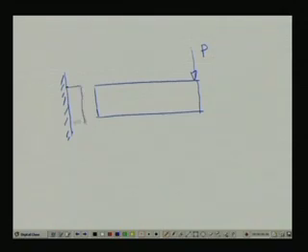This is the view you are getting. This point is A, let us assume almost at the edge. This is the B location, this is the C location, and D is on the other side. If we draw an expanded view of this, we are considering an element A.